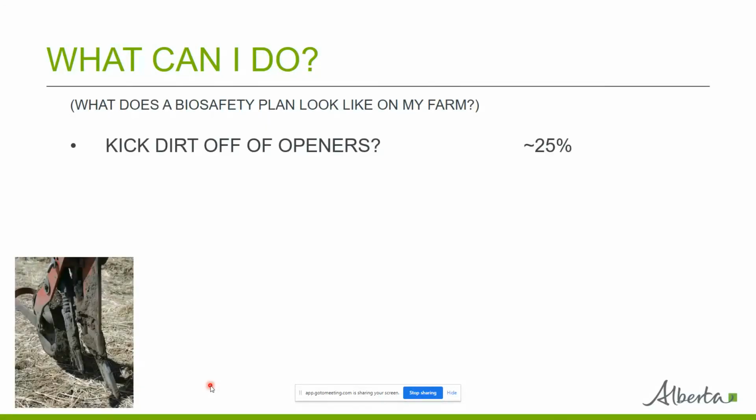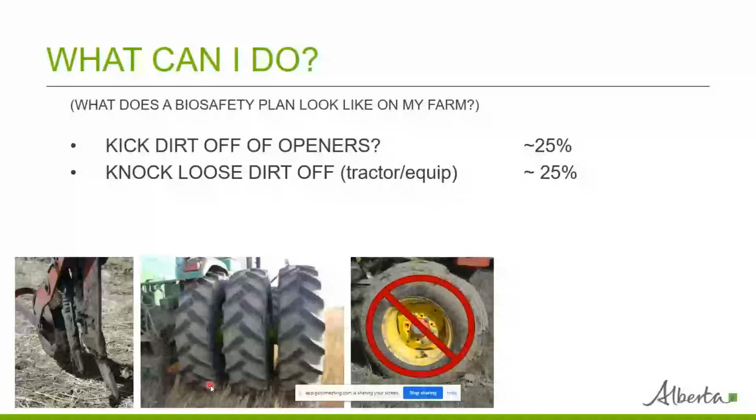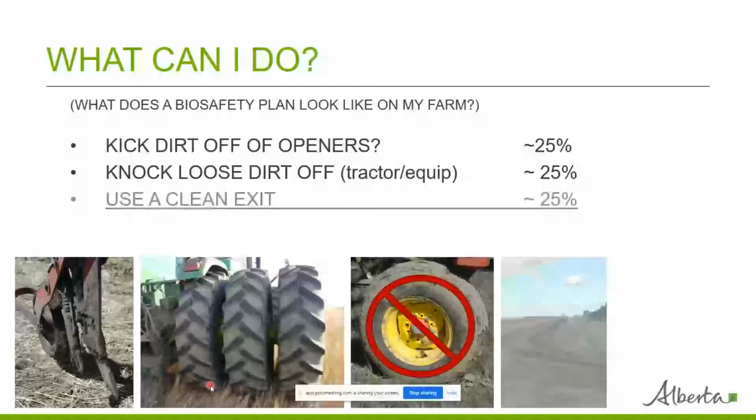What if I had time to kick the dirt off the openers before I left the field, and that removed 25% of the soil? You just reduced your risk by 25%. What if I had time to knock the loose dirt off of tractor and equipment with a long-handled scraper, and I reduced another 25%? And then what if I exited in a clean exit, and that reduced my risk by another 25%?